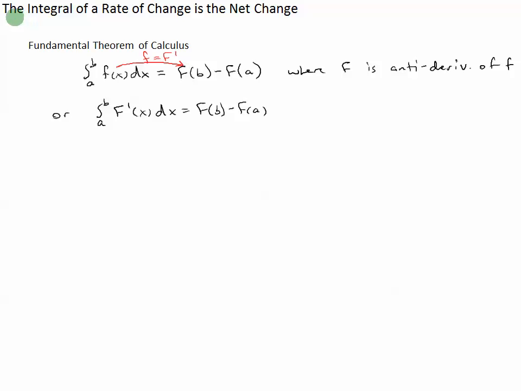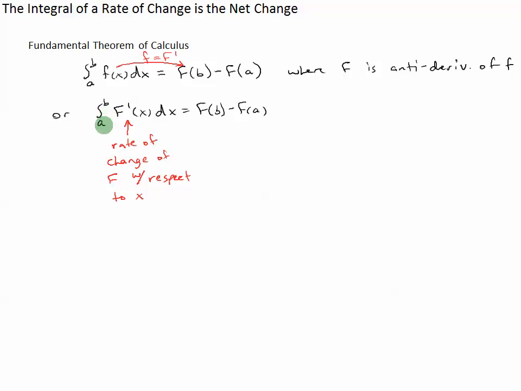So now what we're saying in the title of this video is the integral of a rate of change is the net change. So we have some function big F. F prime is the rate of change of the function big F with respect to the variable x.